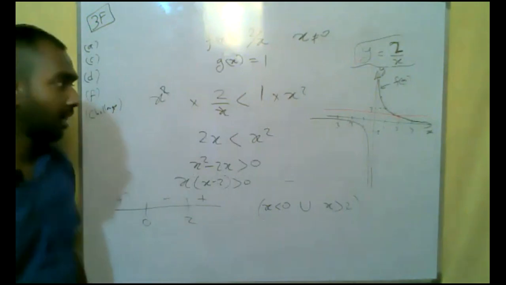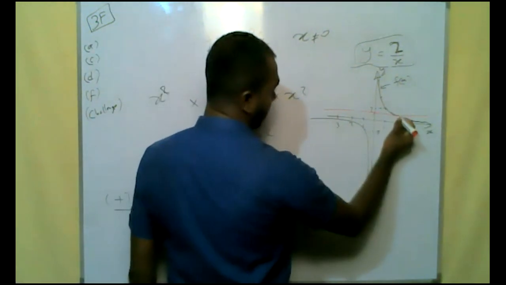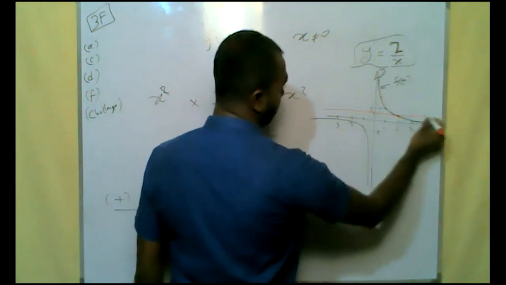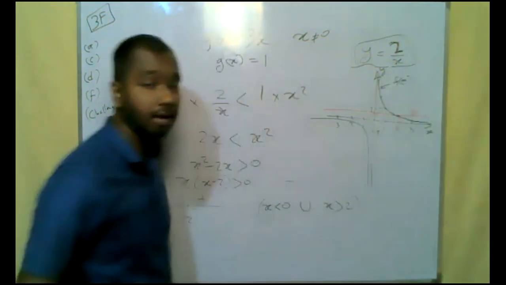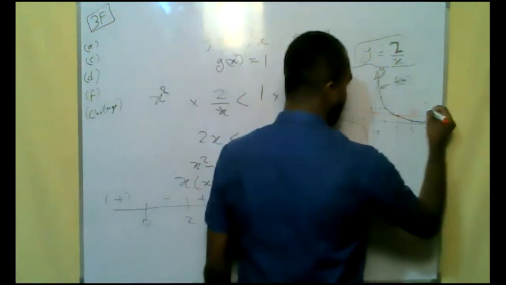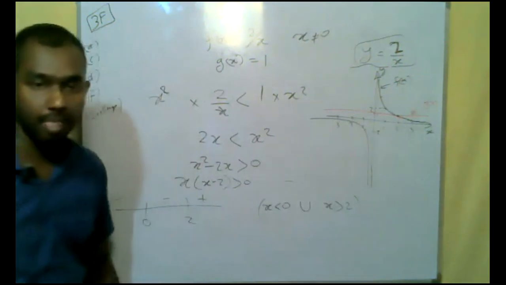What is happening? It goes from here. So see, from this region onwards, this red line is over f(x). That means g(x) is over f(x). And beyond 0, what is happening again?